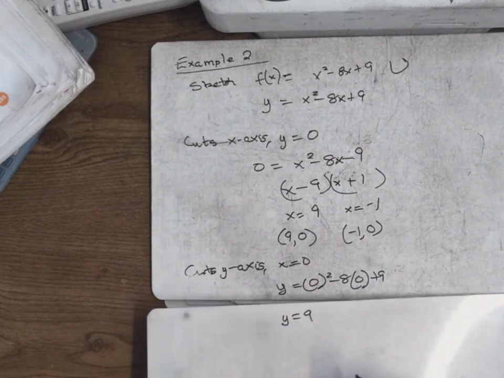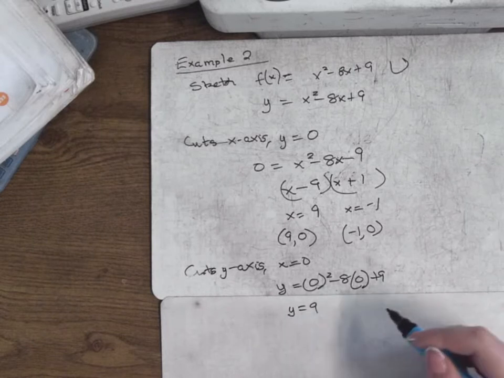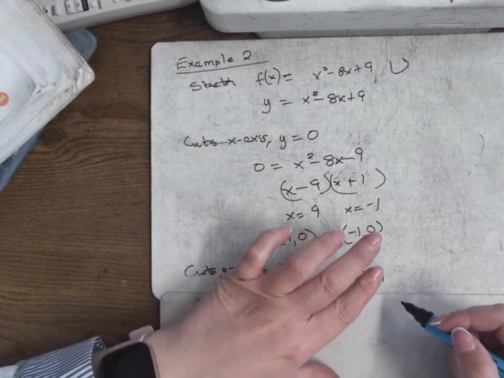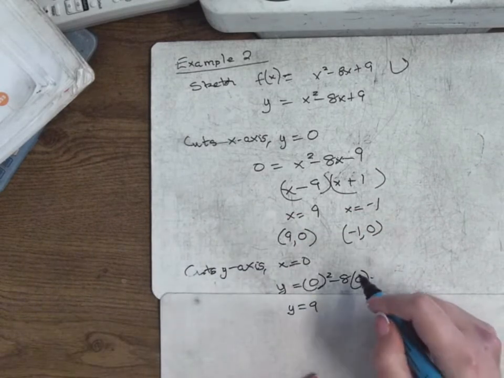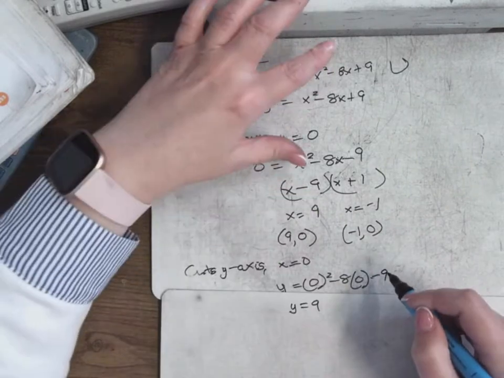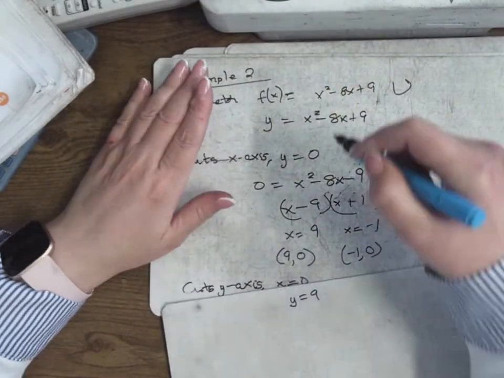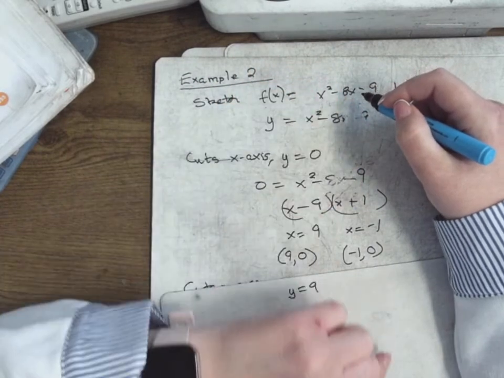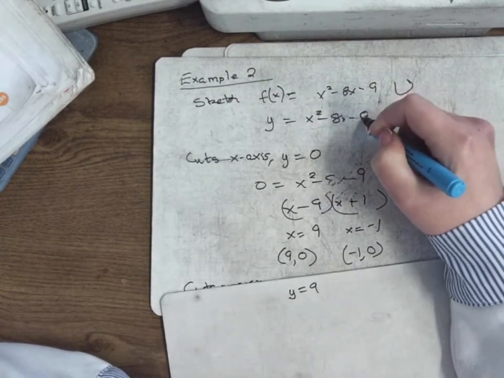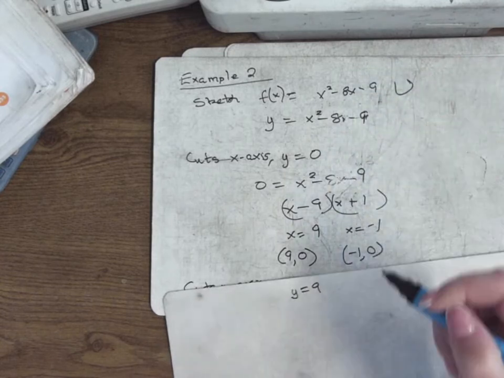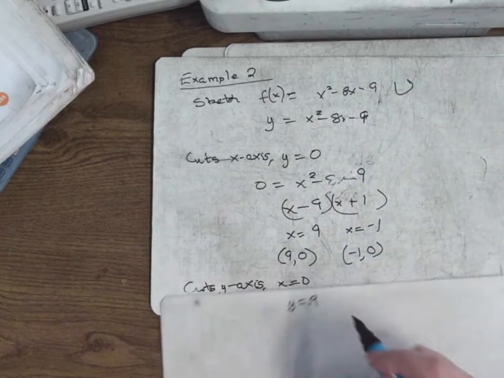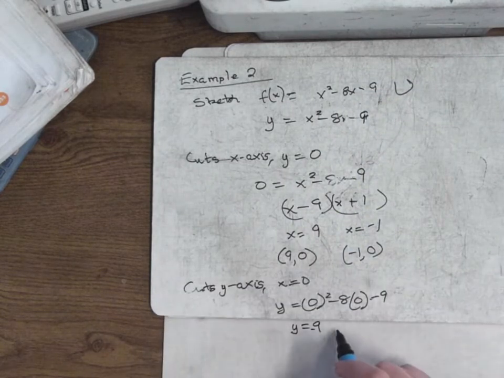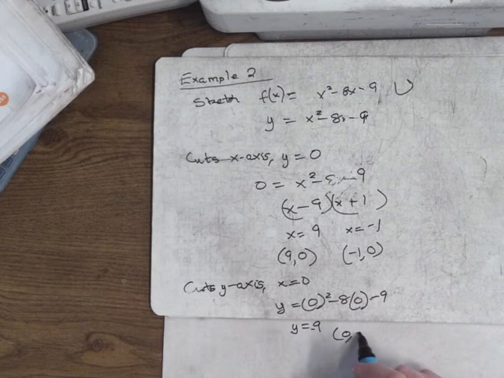Is it not minus 9? Oh yeah, because I changed it, didn't I? Yeah, minus 9. Sorry, that should be a minus 9 up there, and that's a minus 9 here. Is that okay? So that's the point: x is 0, y is minus 9. Okay?